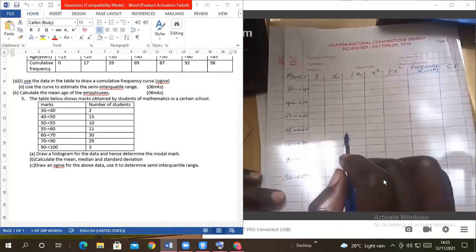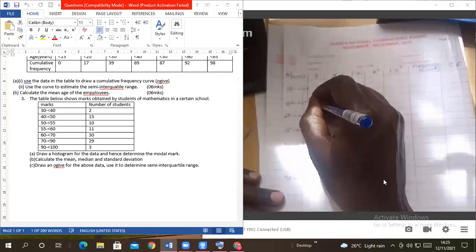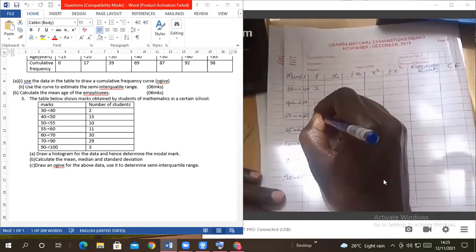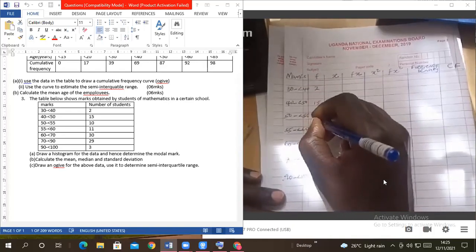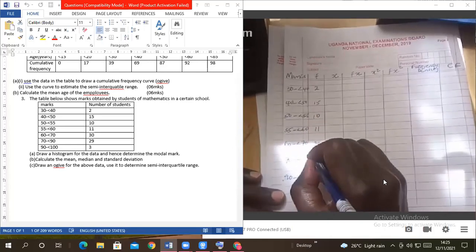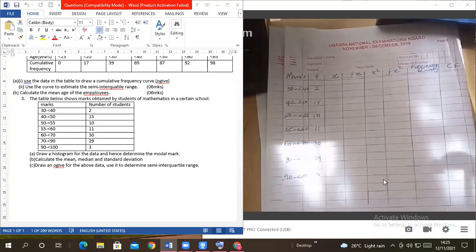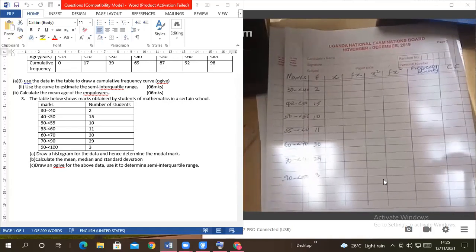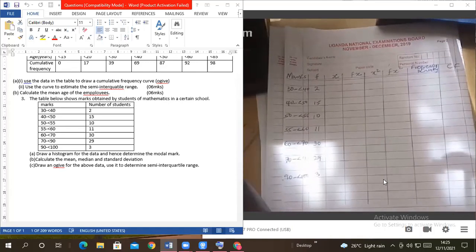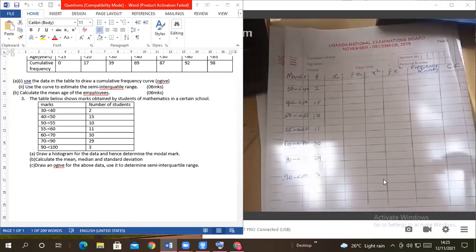I hope you're observing. Then we have frequency as 2, 15, 10, 11, 30, 29, and 3. We are supposed to get the class midpoint there. Let's get the midpoint.